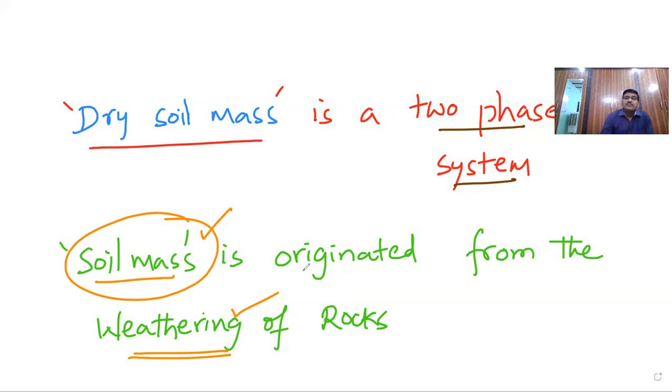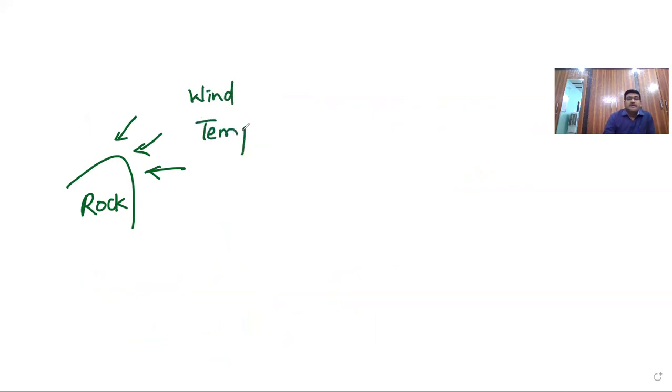Clear? Now, observe. Let us say this is a rock. And the rock is attacked by the external agents. Let us say wind, temperature, water, all these are the external agents.